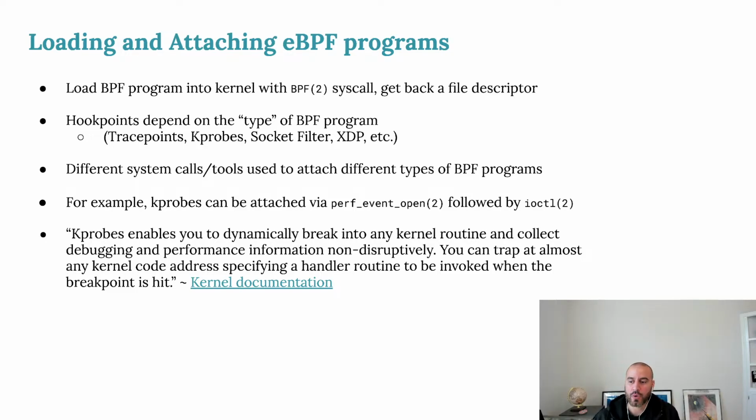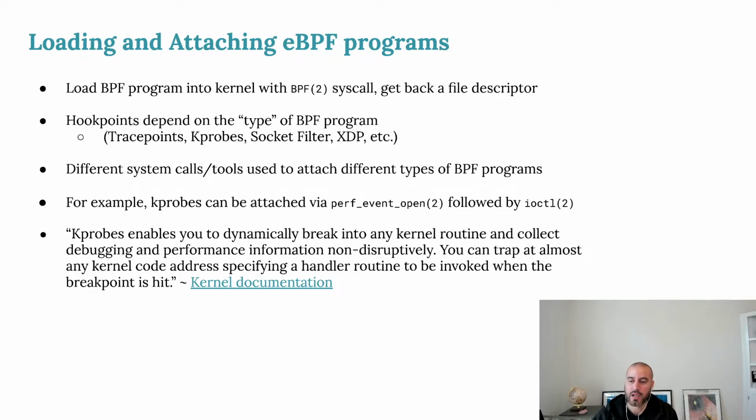In order to attach that, for kprobes specifically, one of the ways you can do it is by using the perf_event_open syscall, followed by the ioctl syscall. What you're really doing there is, since kprobes predate eBPF and are part of the perf subsystem, you need to tell that system, hey, I want to attach a kprobe to this function.